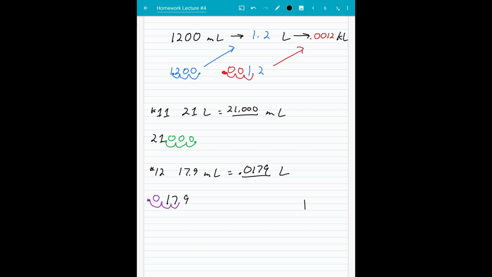Now here's where it gets a little bit more complicated. Number 15, anytime we're converting between 2 different measurements, 48 gallons equals what liters? Here we have a gallon, which is a US measurement, to a metric unit of measurement. That's different.